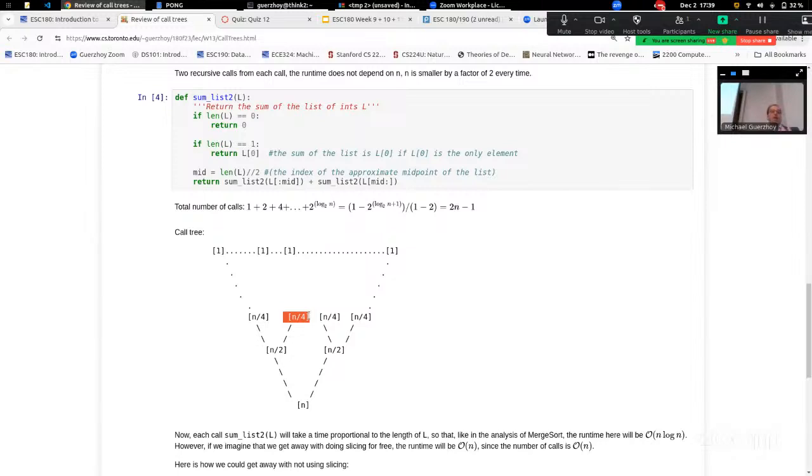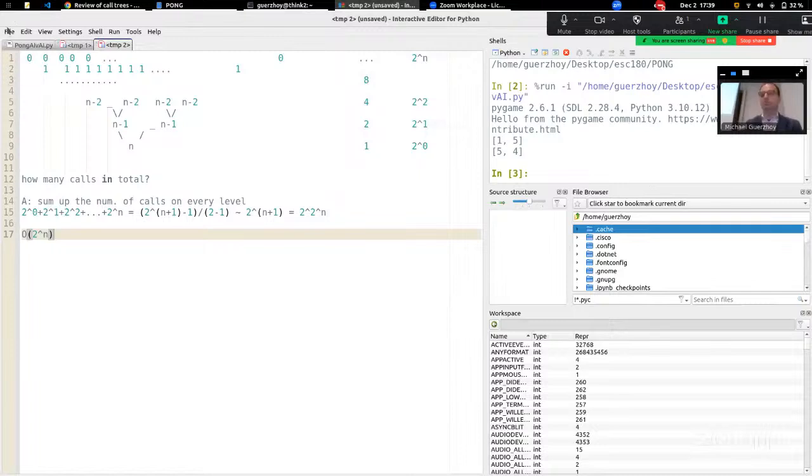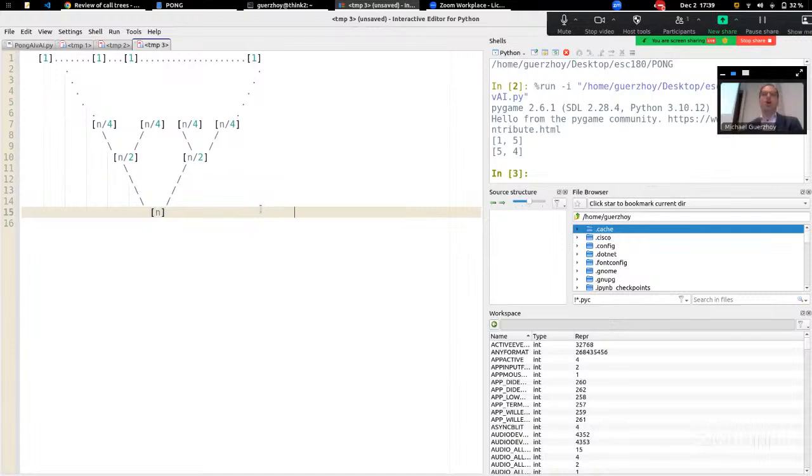So now, again, how many calls? This is a little bit tricky and kind of funny when you look at it. So this is 1, this is 2. It's the same pattern as before, but the difference is there's a lot fewer levels.